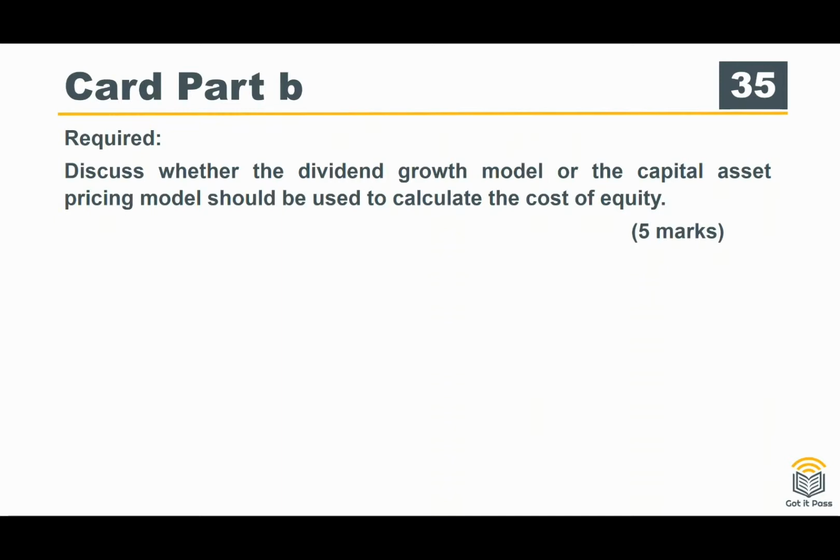And here, for the DGM, the easiest part is you can get the current dividend and the current price easily because they are known variables, which you can find in the market.